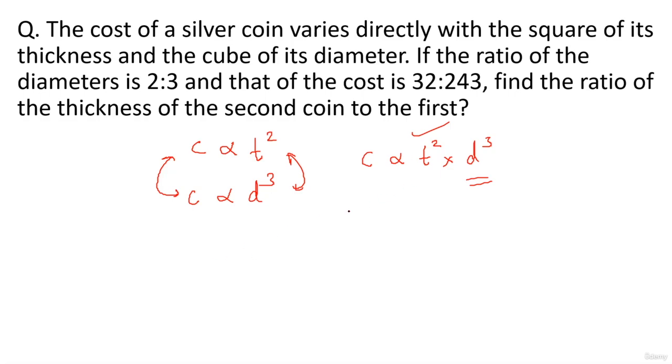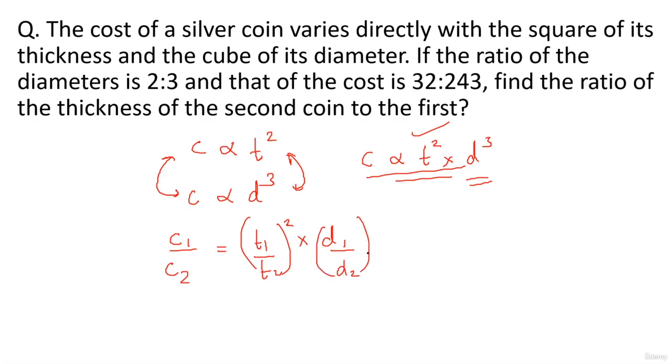So if the cost is proportional to the thickness squared into the diameter cubed, we can say that for the coins, the ratio of costs will be equal to the ratio of thicknesses squared, multiplied by the ratio of their diameters cubed, right? So the ratio of the diameters is 2 is to 3, which has been given to us.